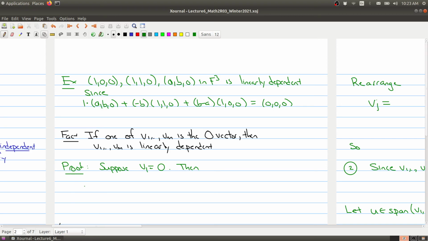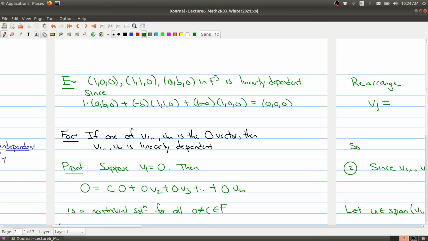Then the 0 vector is equal to some non-zero constant times 0 plus 0 times the second vector plus 0 times the third vector up to 0 times the last vector. And this is a non-trivial solution. So if 0 is in your set, it's automatically linearly dependent.